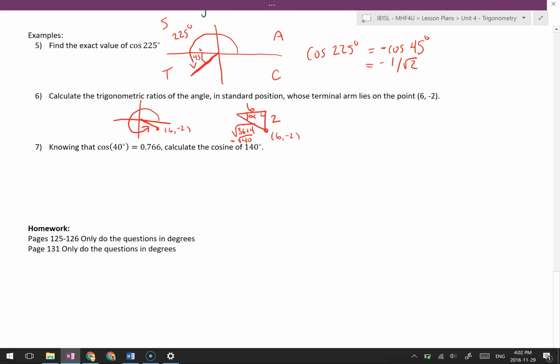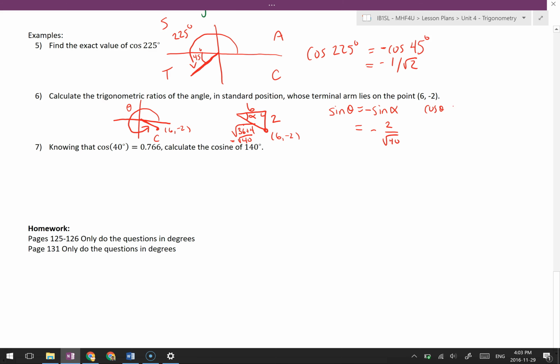Okay, so the sine of, let's call the full angle theta, the sine of theta is the same as the sine of alpha, except it might have a plus or a minus sign in front of it. We're dealing with sine in the fourth quadrant, so yes, it will have a negative sign. So it's negative opposite over hypotenuse, so negative 2 over root 40.